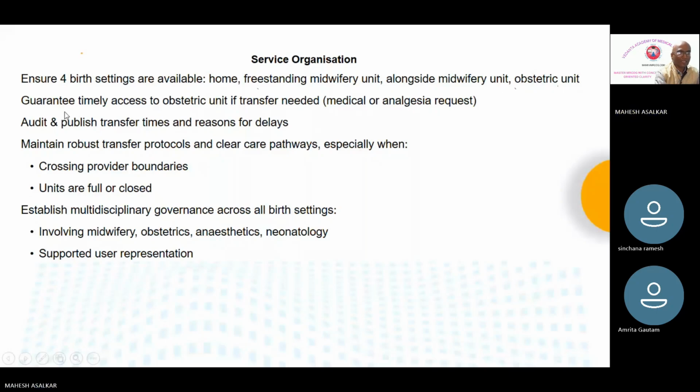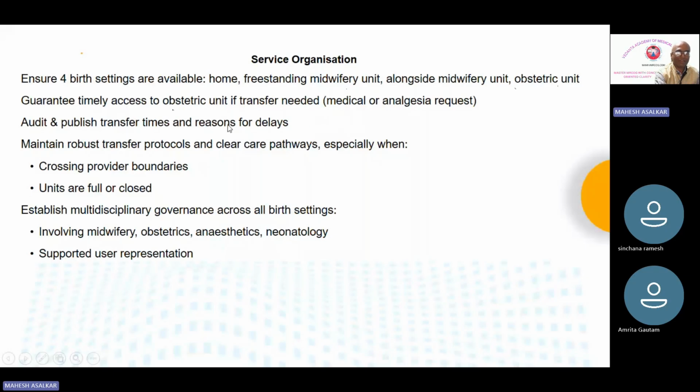What we need to ensure is guaranteed timely access to the obstetric unit if transfer is required, maybe for a medical reason or an analgesia request. If the patient requires transfer, we need to have a transfer facility, and audit and publish transfer times and reasons for delay.